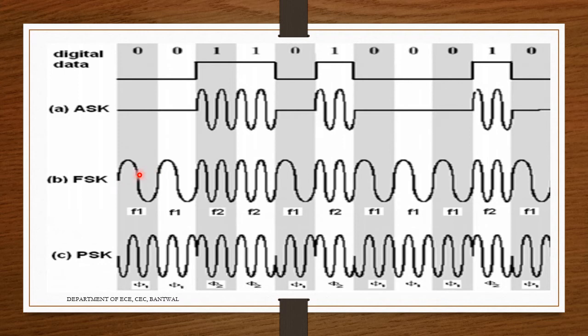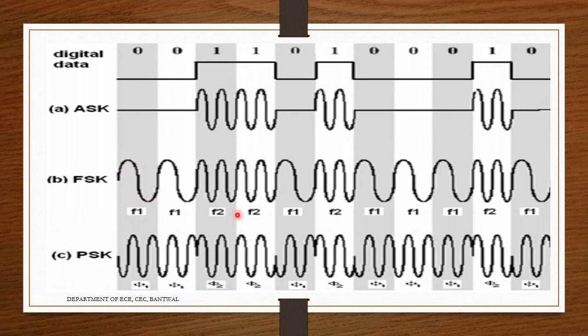FSK is like that. There are two frequencies, F1 and F2. When there is 0, the low frequency is given, so you can see one cycle for one bit. For F2, the high frequency, that is for bit 1, there are two cycles.